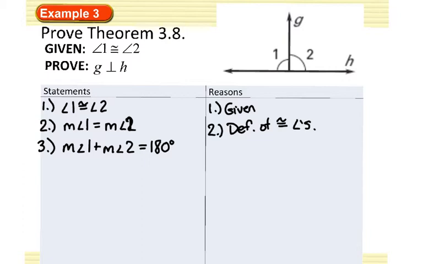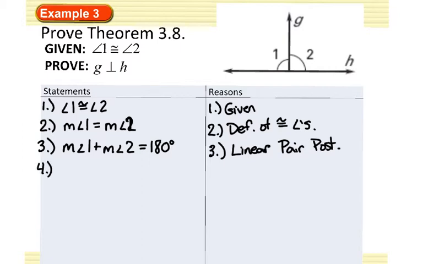So this right here, a linear pair, we should know is supplementary. So we're just using the linear pair postulate here. That's what the linear pair postulate states: linear pairs are supplementary.